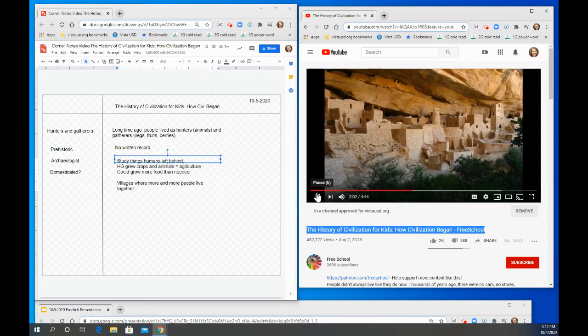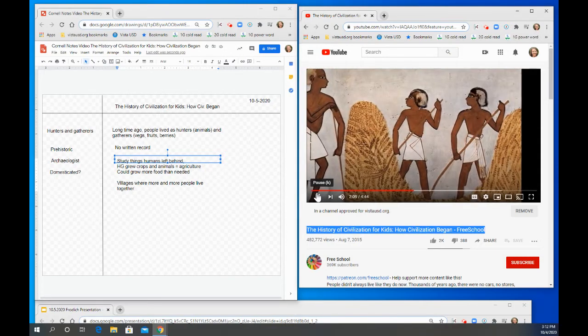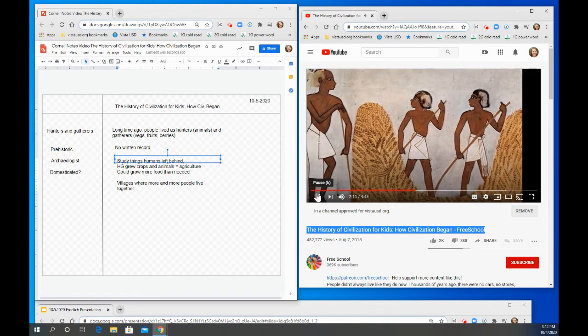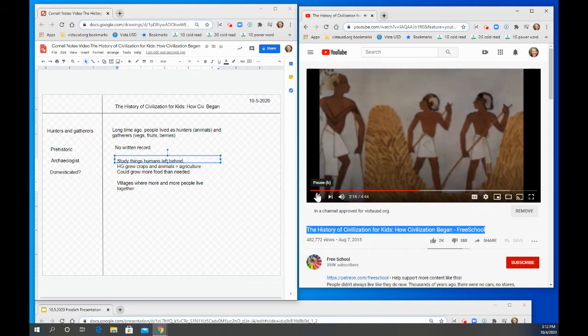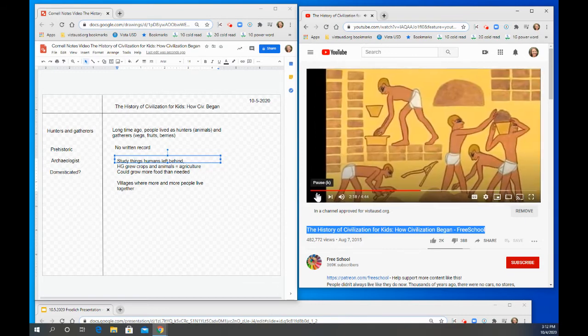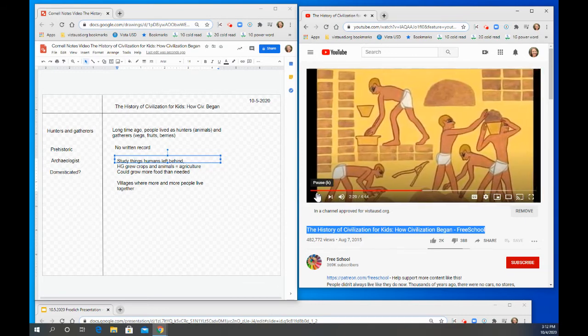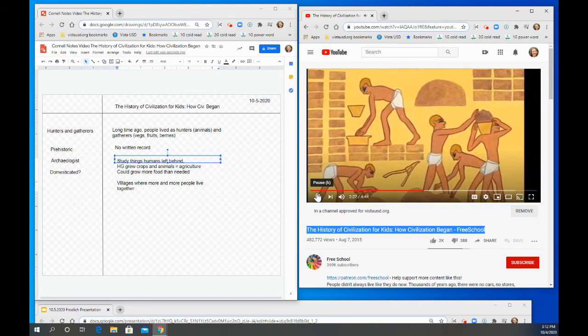There was so much food available that some people began to be able to do work that was not directly related to getting enough food to eat. Those people started to specialize or concentrate on becoming experts in one kind of work.